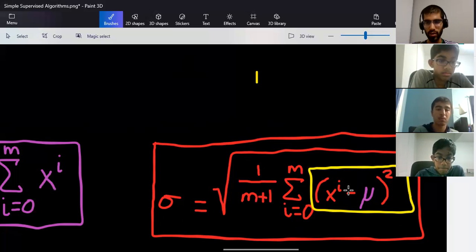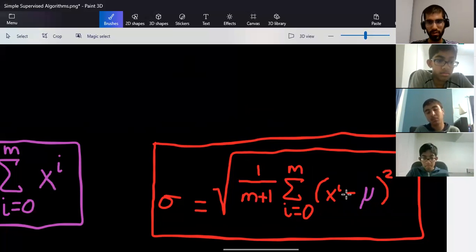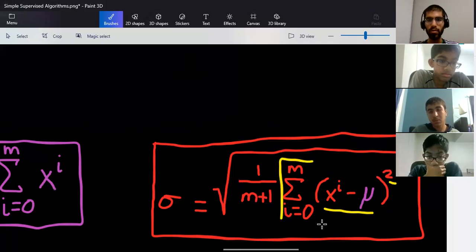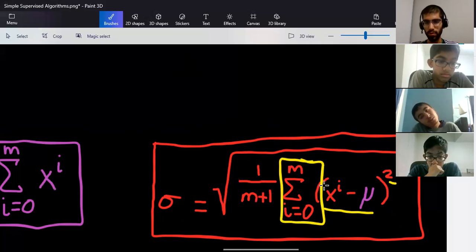So intuition again: take the difference between each example and the mean, square it so that you get rid of the negative signs, add up all of these terms, the squared distance, and then divide by a number that's almost equal to the number of data points.